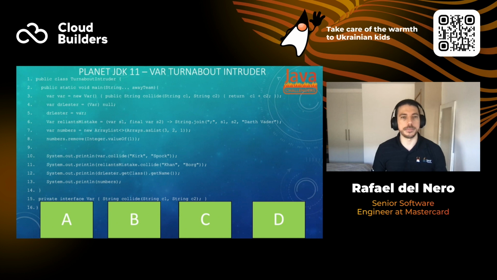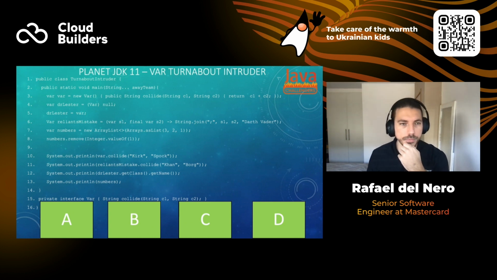And then we are passing null to the var. Then we are joining some strings here. And then we are using a couple of operations with those variables. So let's see the alternatives then.